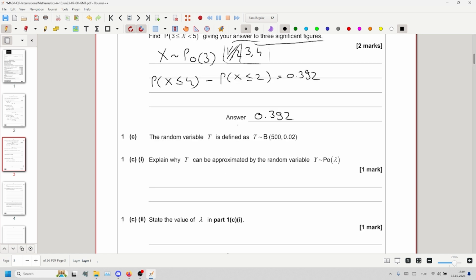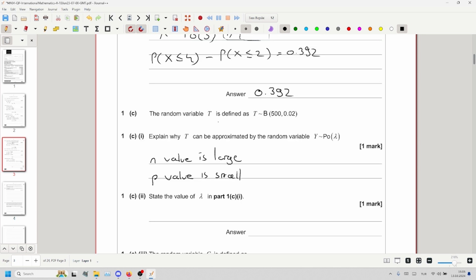All right. Now it says here that the random variable Y is binomially distributed with n equal to 500 and 0.02 probability. And it asks us why this can be approximated with a Poisson distribution. So here the n value is large and the p value is small.